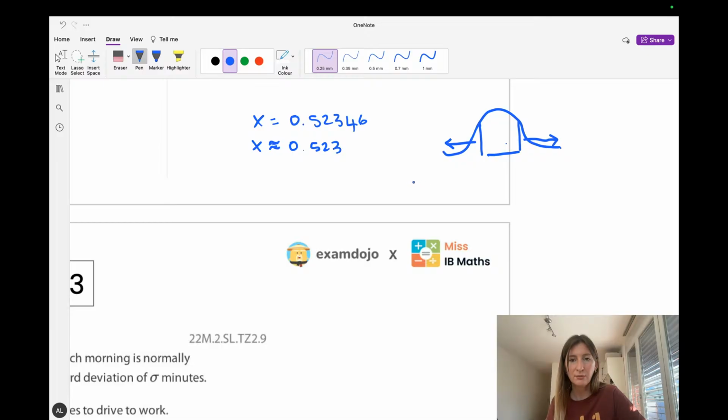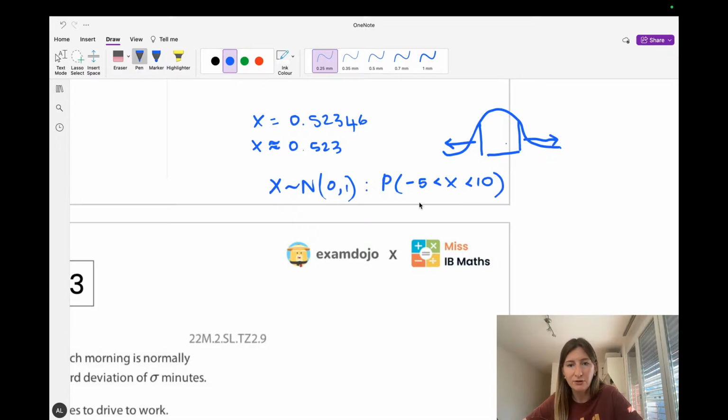So let me give you a question. Let's say the probability for a normal distribution, X is distributed normally with, just say 0 and 1 for now. And then we want the probability that X is between -5 and 10.